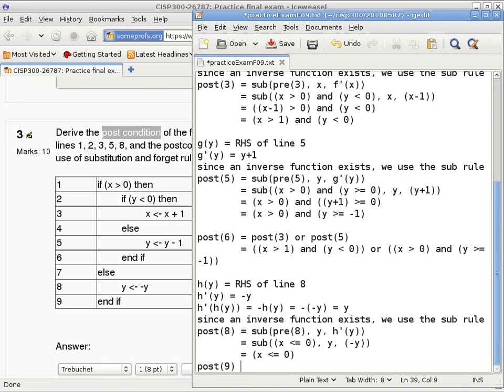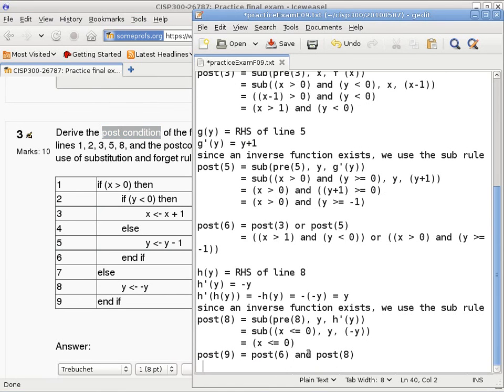Or, and then we just expand it. Copy whatever post 6 is, which is a big, huge mess. And then the other one is not so big of a mess. But I would just leave that as the answer.